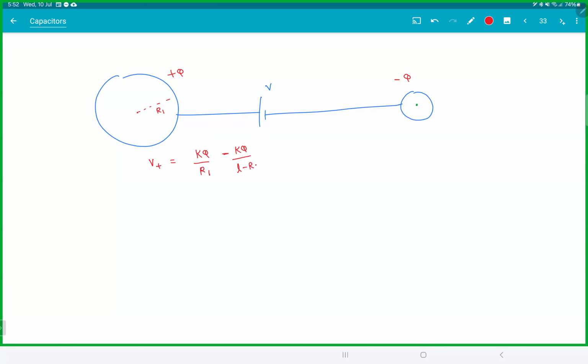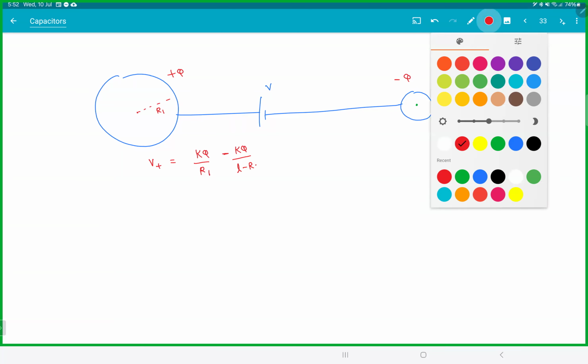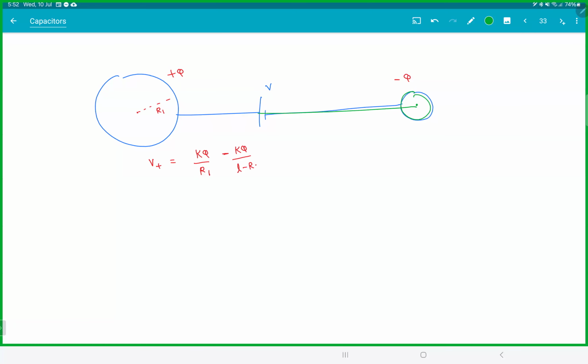We are finding the potential due to this at this center. This distance I took as L only.